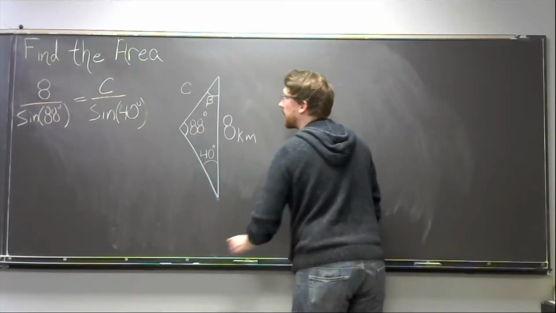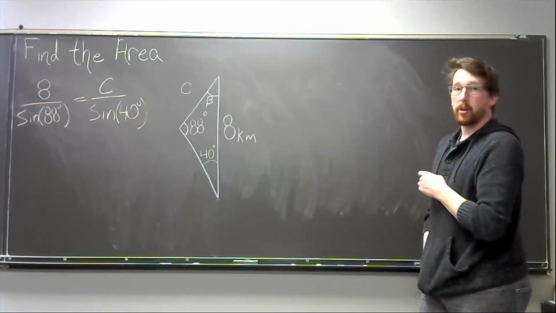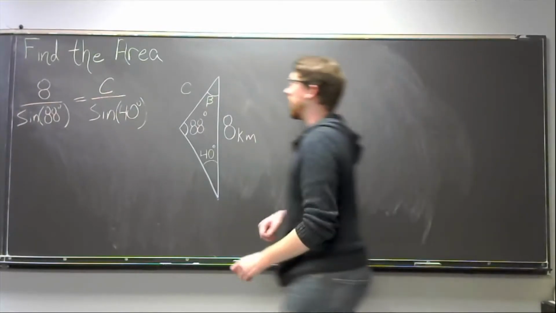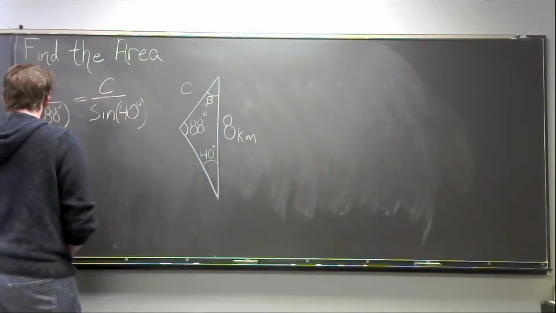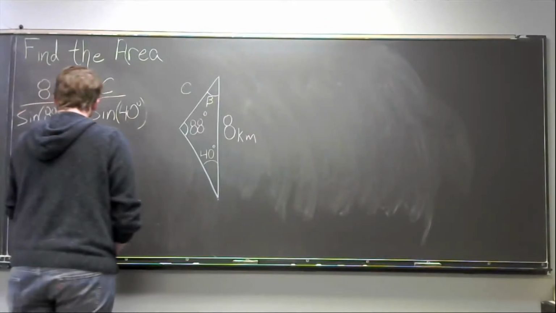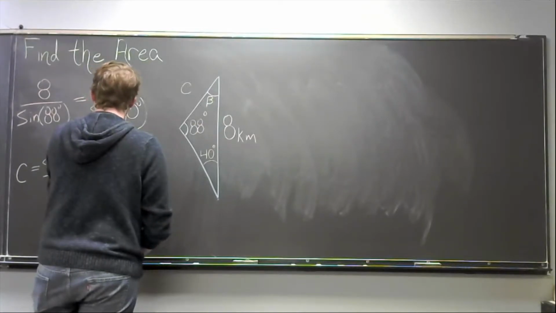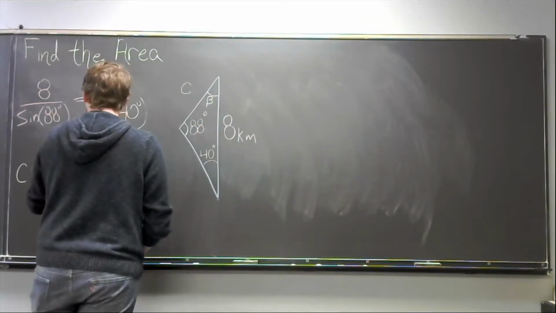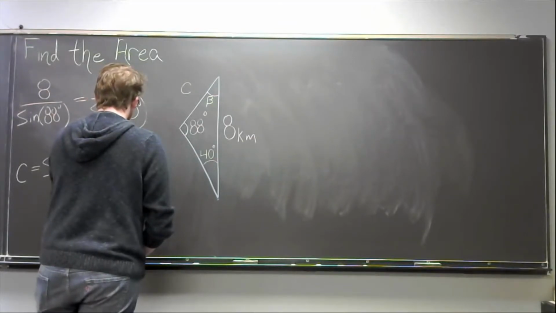So to solve this, we multiply both sides by the sine of 40 degrees, and we find that C is equal to the sine of 40 degrees times 8 divided by the sine of 88 degrees.